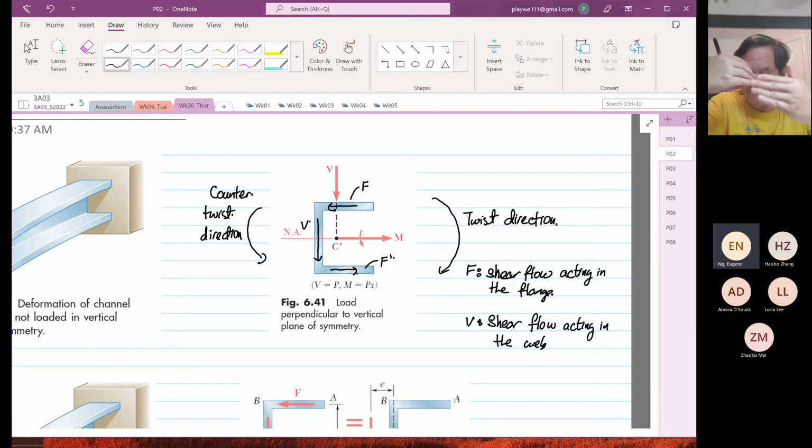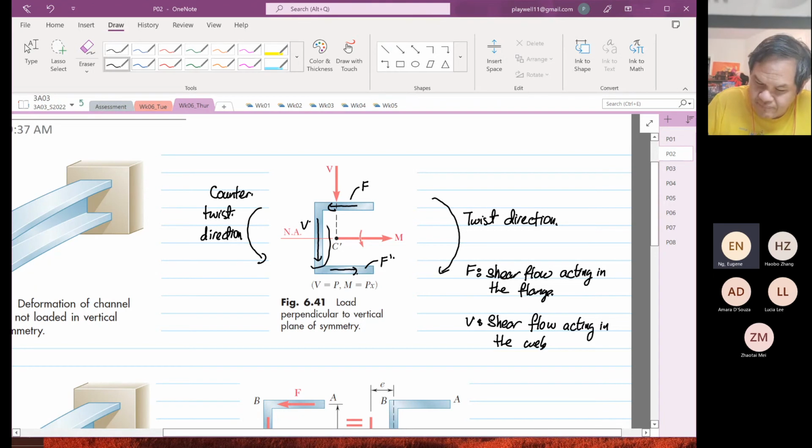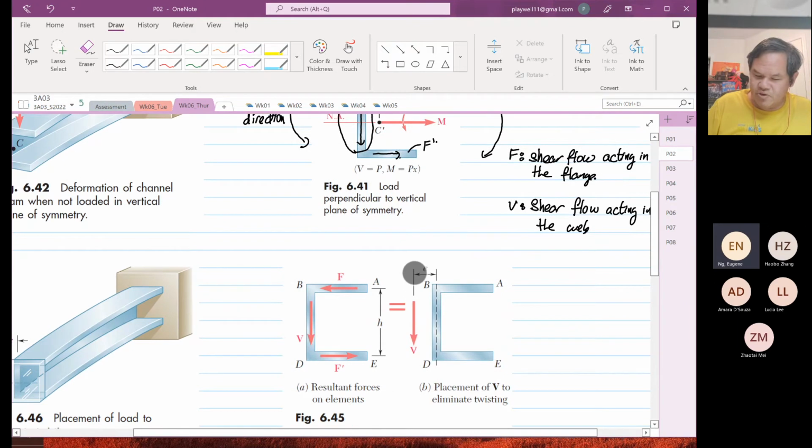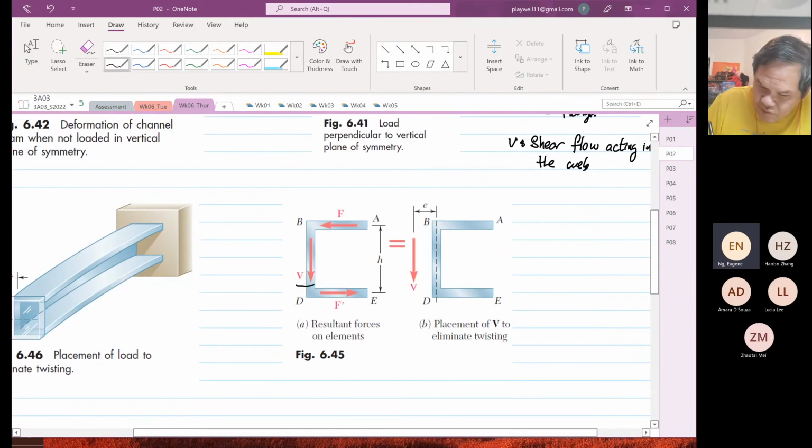The only force, okay, that could counter the twist is V. So how do we counter the twist? Okay, so the only way for V to counter the twist is to have an offset known as E.